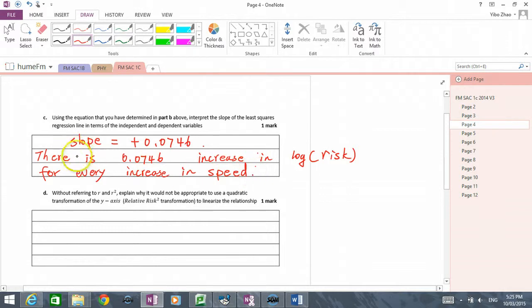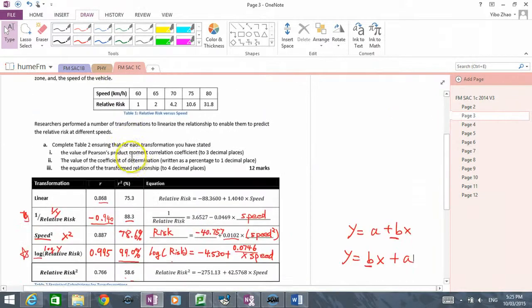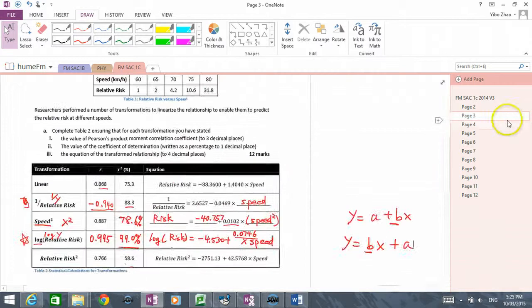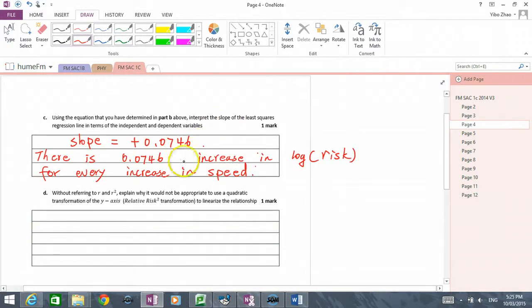To be more precise, there is 0.0746 increase in log risk for every kilometer per hour increase in speed. Look at the unit of the value. So the slope is your b value.